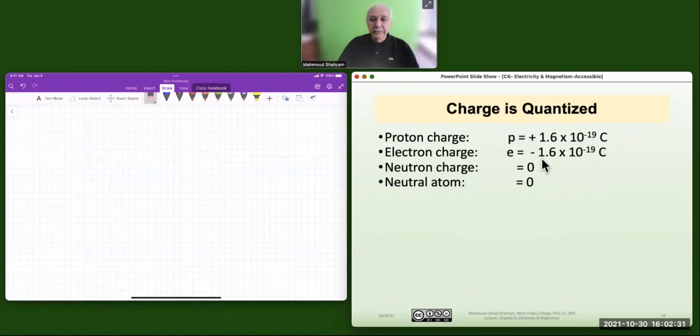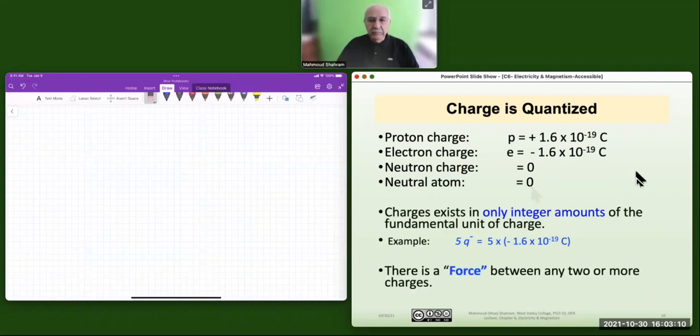The charge of an electron is minus 1.6 times 10 to the minus 19 coulomb, and the charge of a neutron is 0. A neutral atom also has 0 charge. Another important thing is that we have an integer number of charges. If one object has 5Q, that means 5 times this number of negative charges.